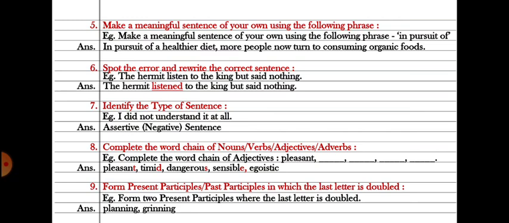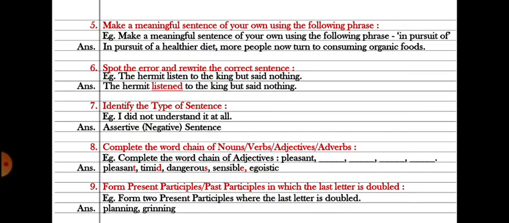Answer: in pursuit of a healthier diet, more people now turn to consuming organic foods. So depending on the type of phrase presented to you, you will incorporate it and make a meaningful sentence of your own. Now most of these phrases will be textual phrases.